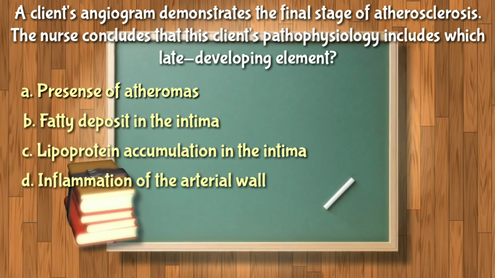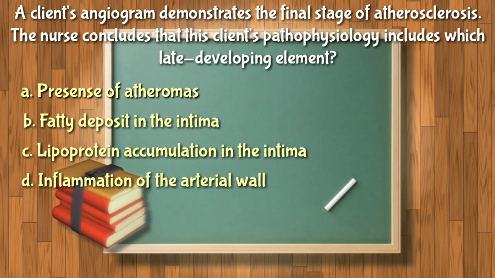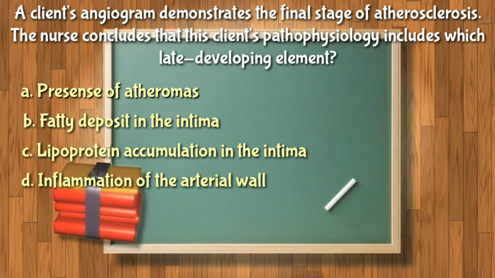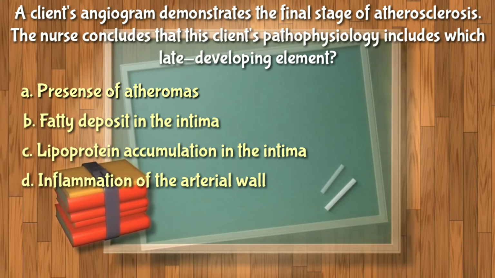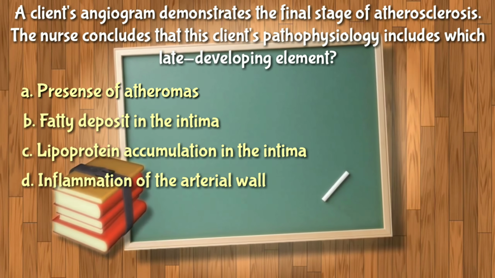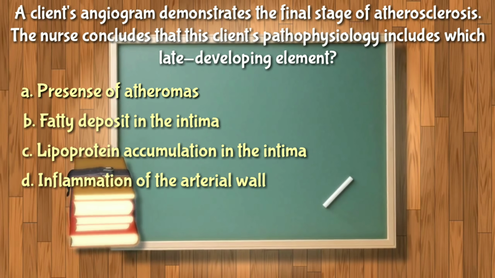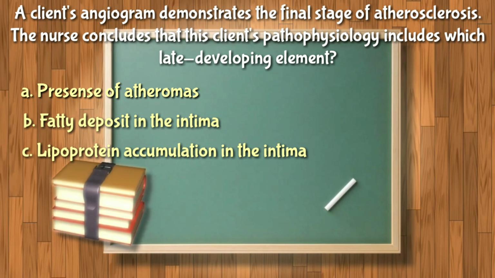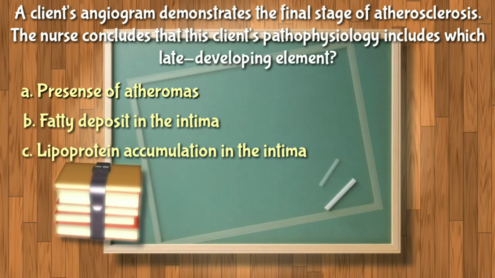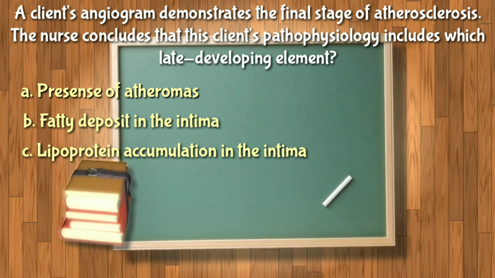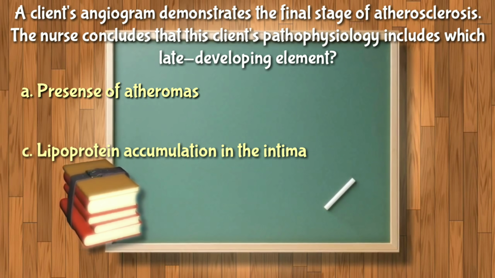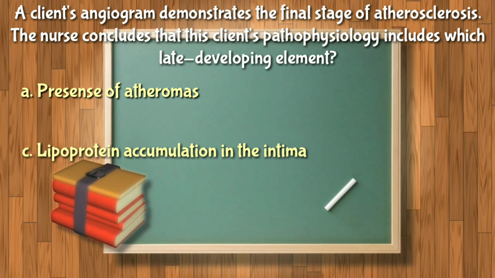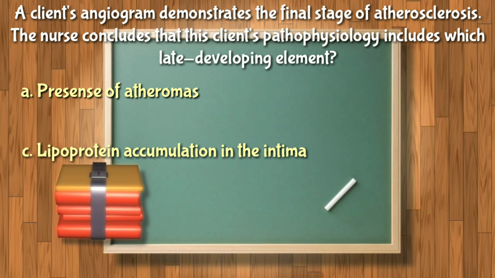Now if you answered letter D, inflammation of the arterial wall, you are wrong because it occurs earlier in development of atherosclerosis. And also look at letter B. Fatty deposits in the intima occur earlier in development of atherosclerosis, which is also on the same stage as letter D. So they are both eliminated.